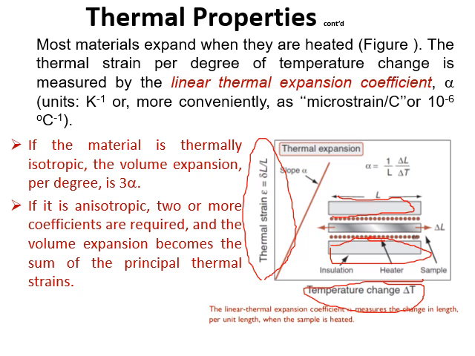So from the delta L, you can calculate back using the temperature increase and the original length L, and then you can get alpha, the linear thermal expansion coefficient.